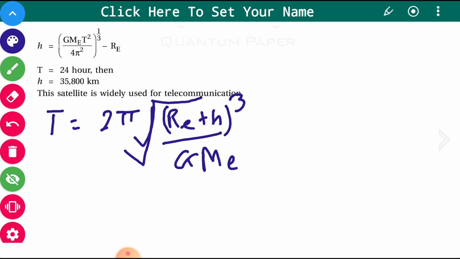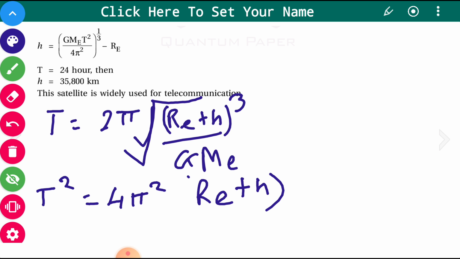Now if you take the square of this, you will get T square equal to 4 pi square, RE plus h the whole cube, divided by GME.